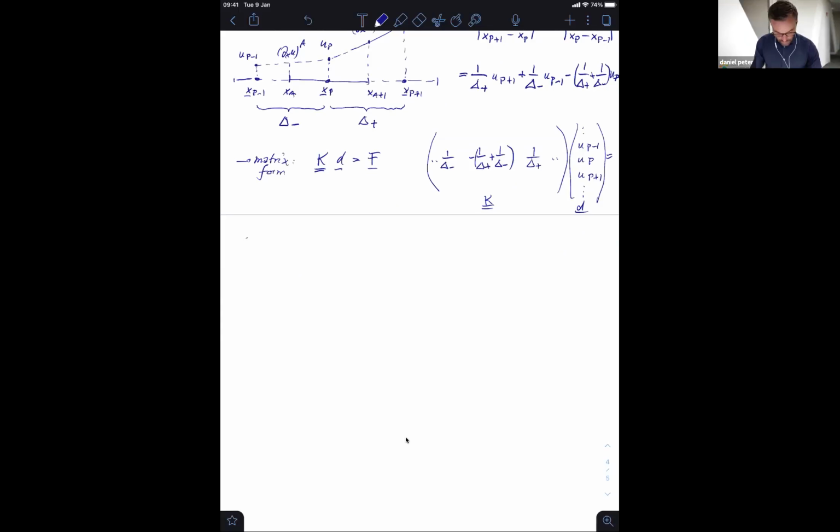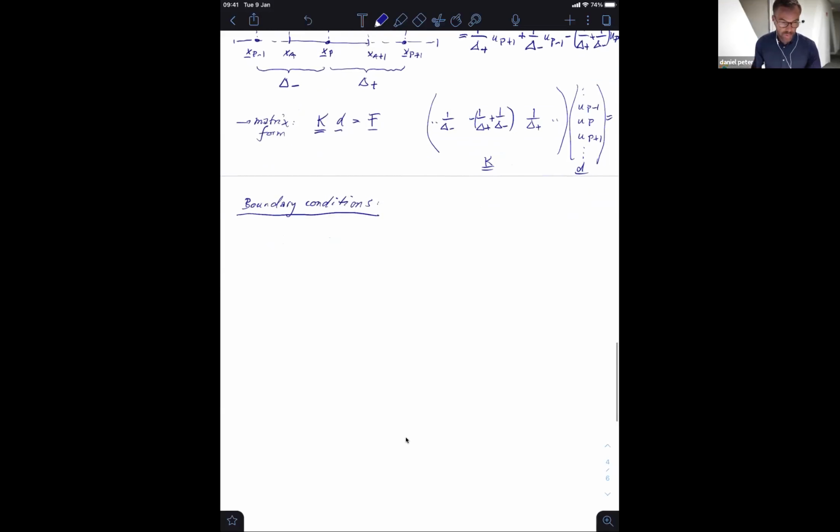For our problem, we had both Dirichlet and Neumann conditions. Maybe let's start with the Neumann boundary. It's a bit more simple and more direct to consider.